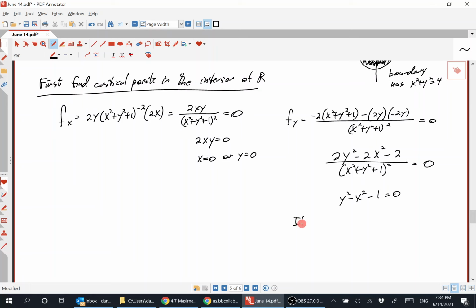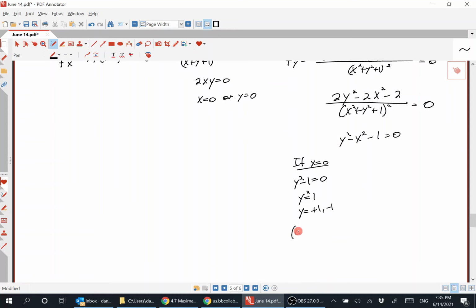So if x is equal to 0, then y squared minus 1 is 0. So y squared is equal to 1, so y is equal to plus 1 or minus 1. So we have two critical points here, (0, 1) and (0, minus 1).